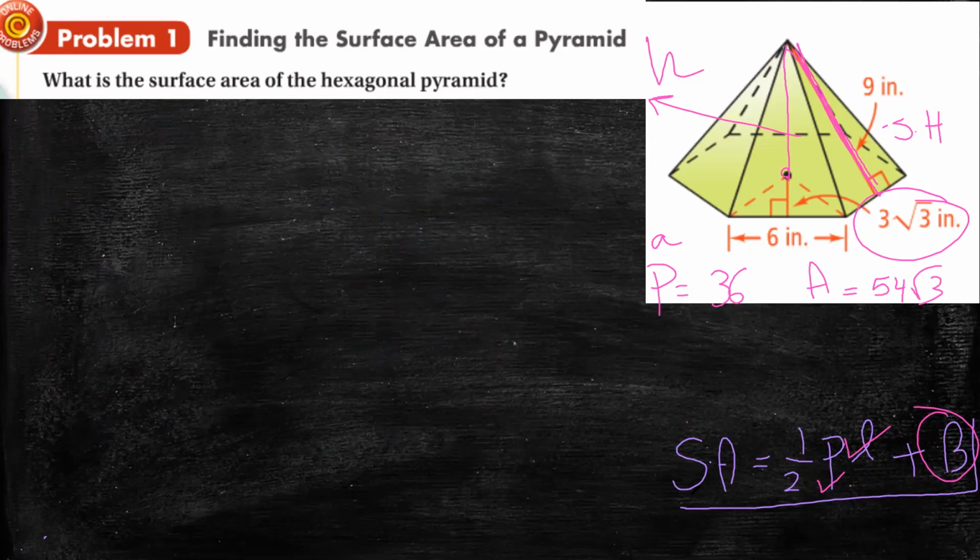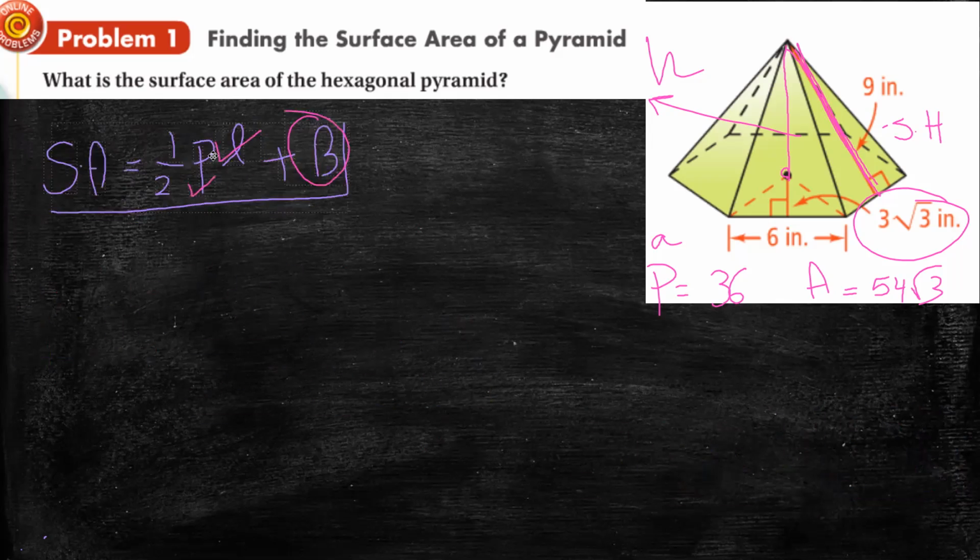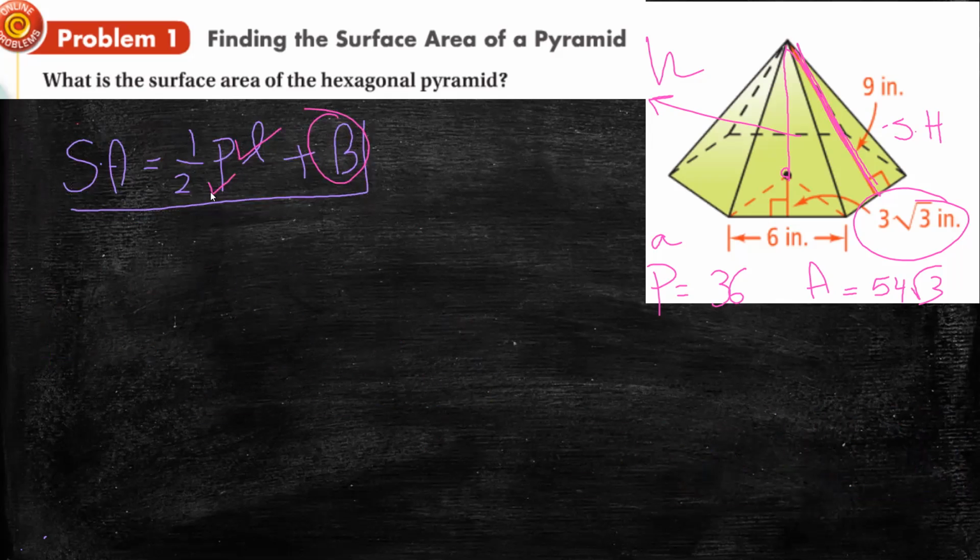After that, we said at the beginning that the surface area is half the perimeter times the slant height plus the area of the base.